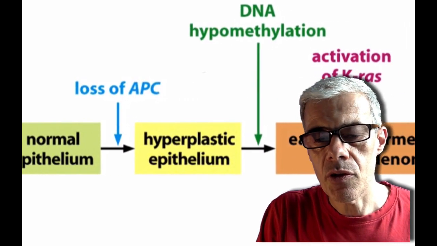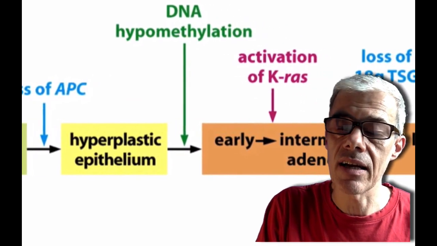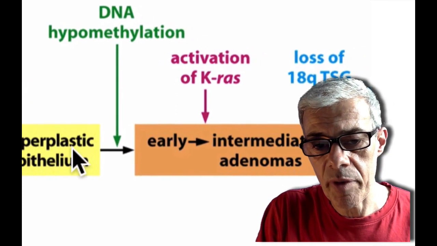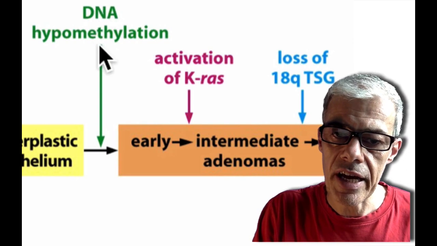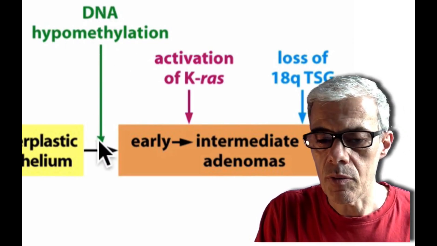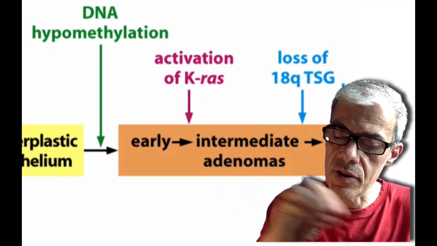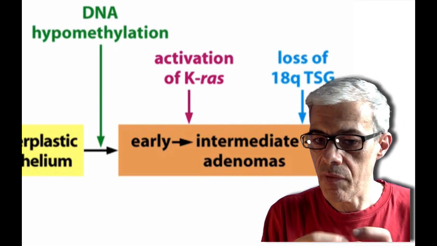And then we also talked about genetic mutations and epigenetic mutations. Some of the other things that have been observed in tissue samples from these patients is DNA hypomethylation, where methyl groups added to the cytosine residues in the promoter change the expression of that gene.